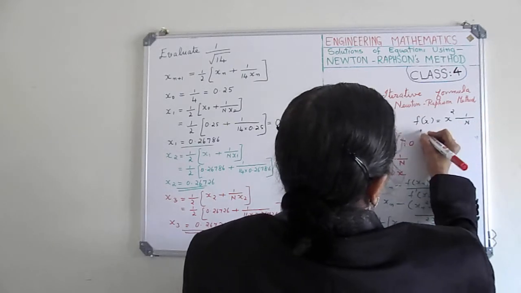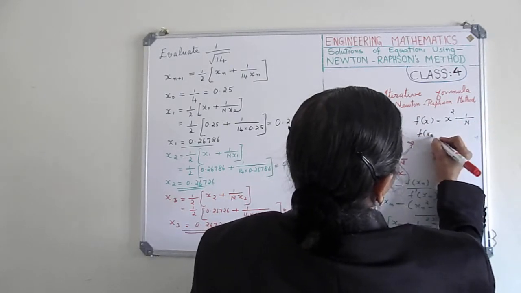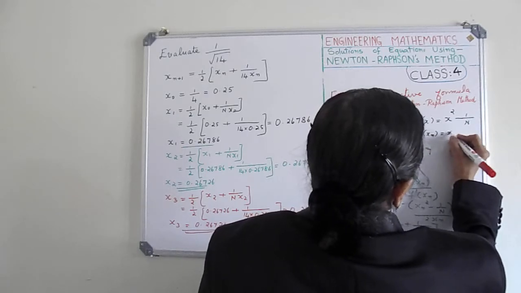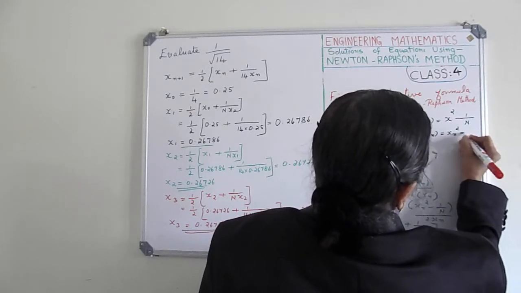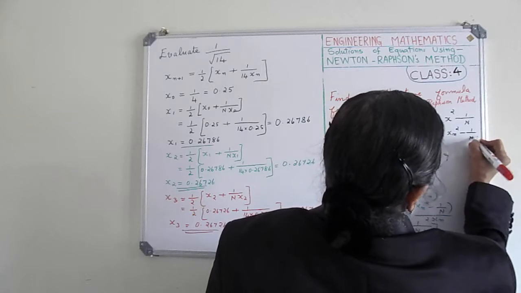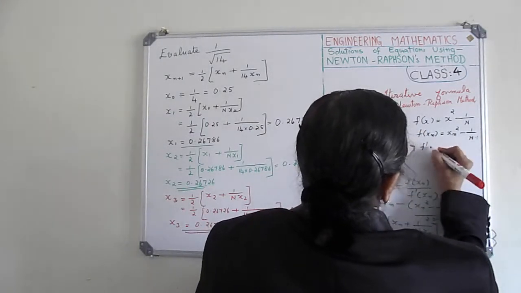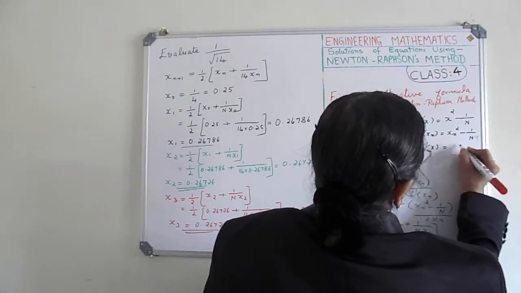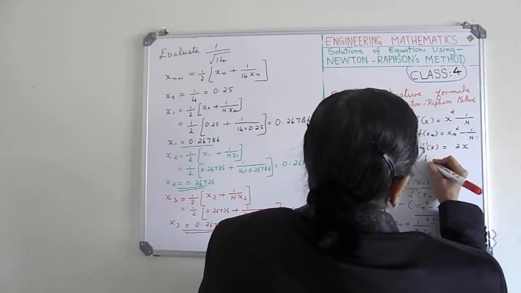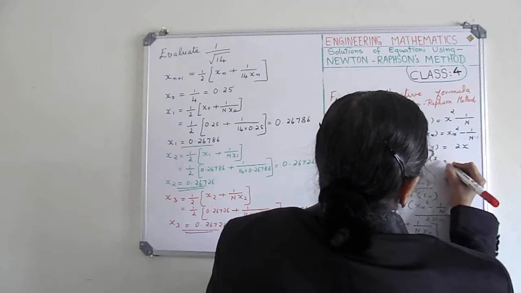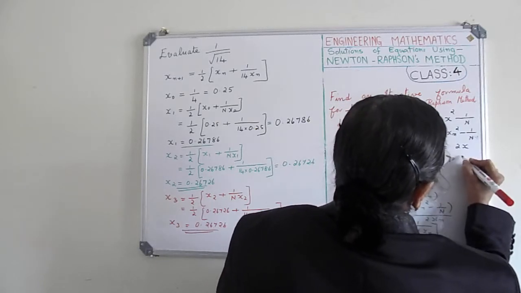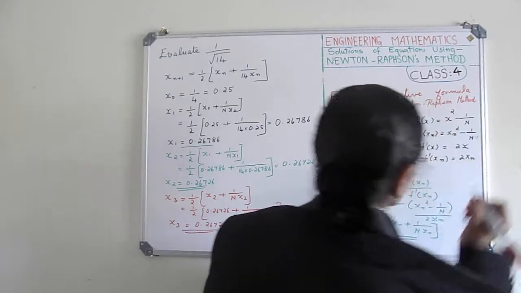Now what is f of xn? f of xn is equal to xn square minus 1 upon n. Now what is our f dash x? f dash x is equal to 2x. Now what is f dash of xn? f dash of xn is equal to 2 times xn.